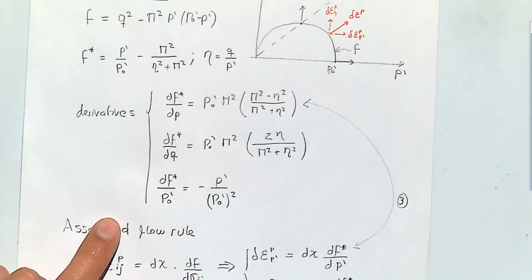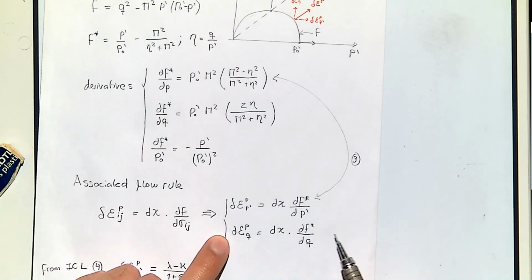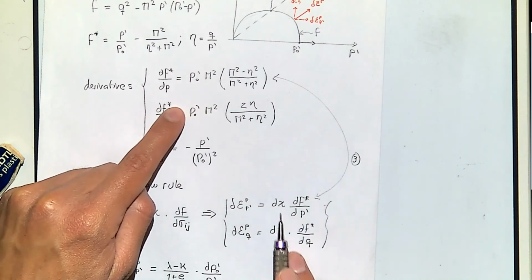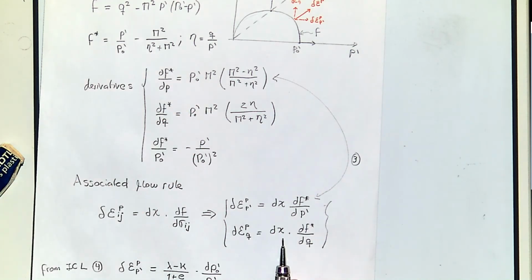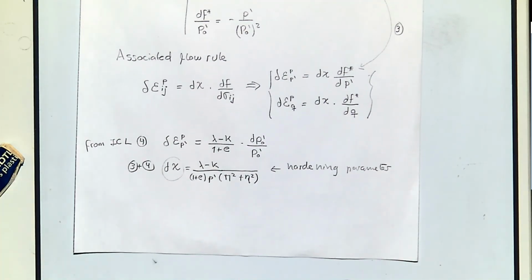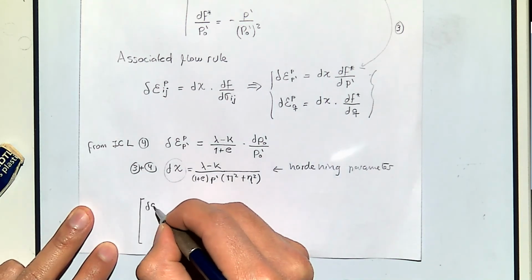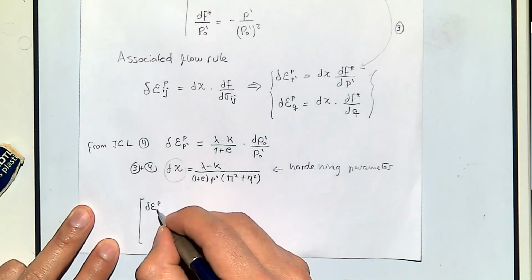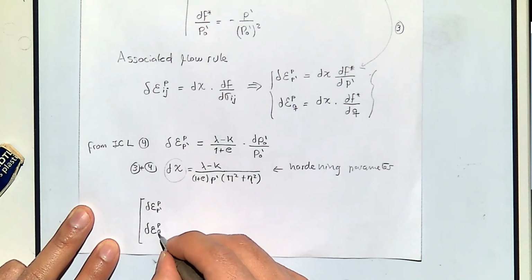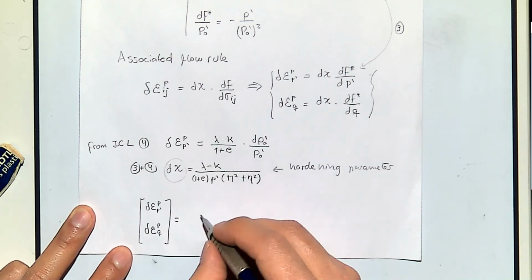Okay, so let's zoom out from here. These are the flow rule equations. We know what the derivatives are. We know what the hardening parameter is. So we have everything we need. We just now need to put this together. And this is going to be the plastic volumetric strain and the plastic deviatoric strain, equal to the hardening parameter.